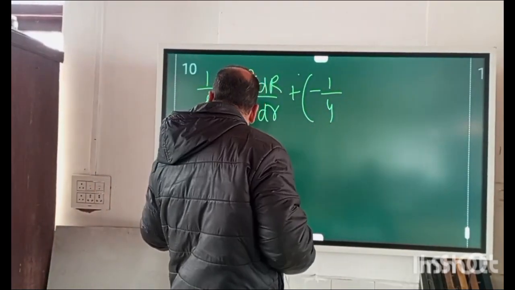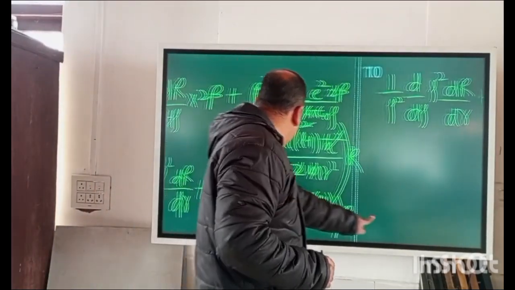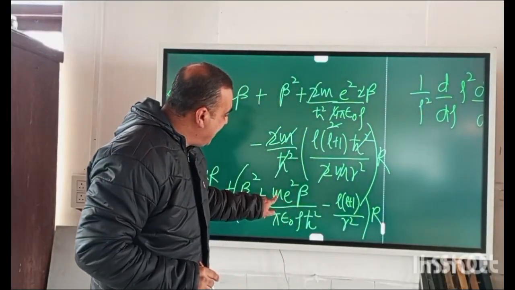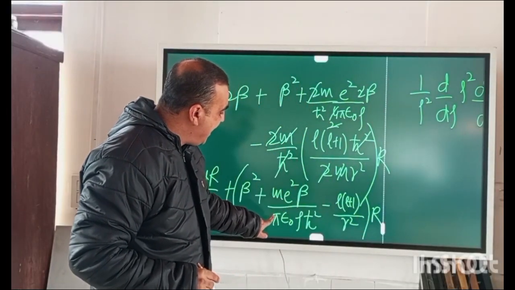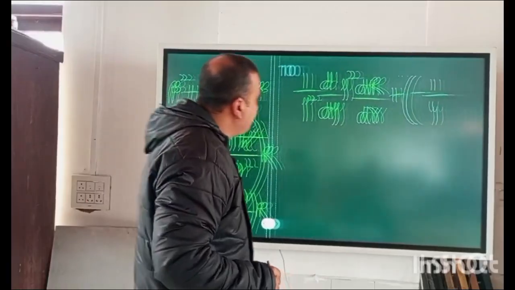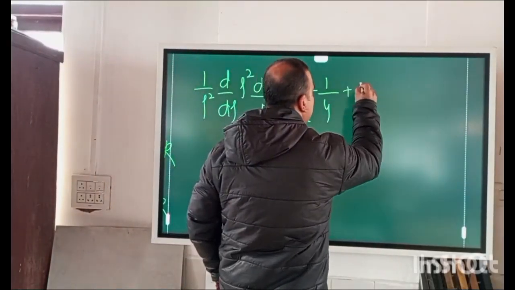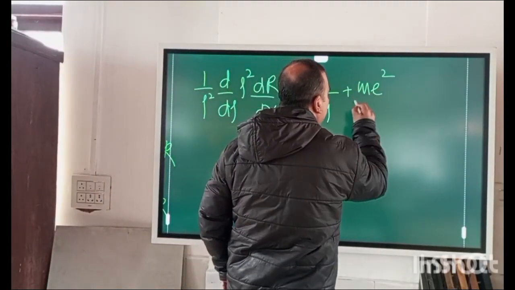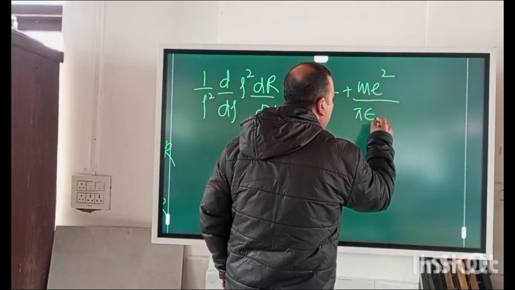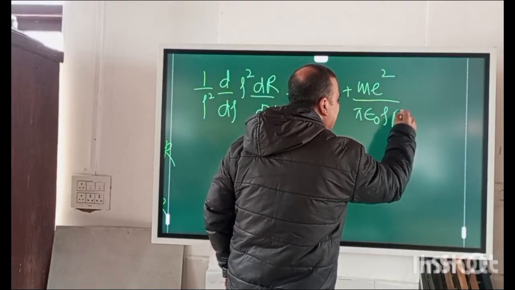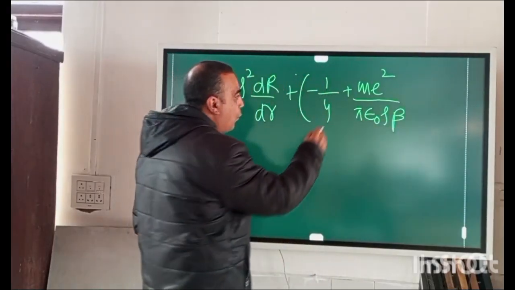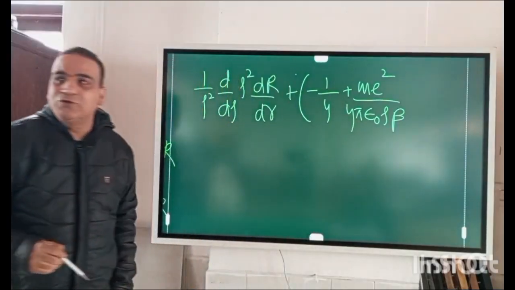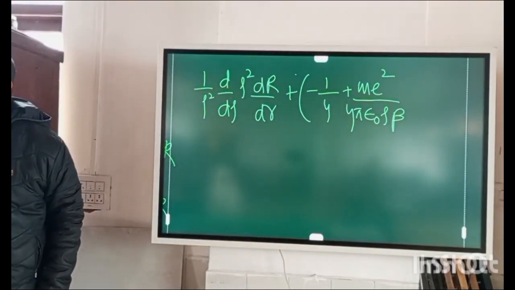Okay? The next thing, come on. So here it will be me square by pi epsilon naught rho, plus me square by pi epsilon naught rho and beta and 4. Am I right? Because you are dividing it by 4 beta square.